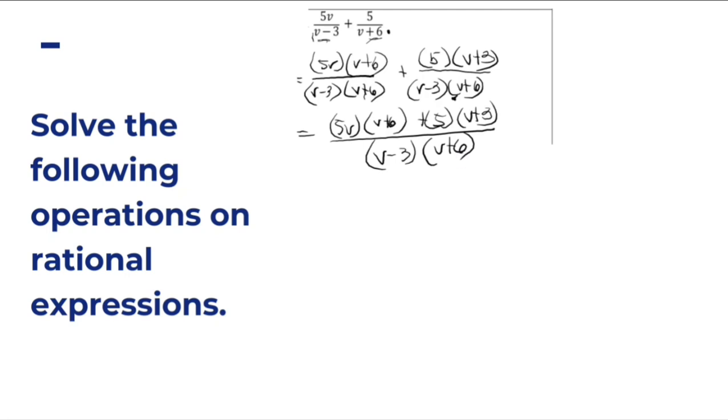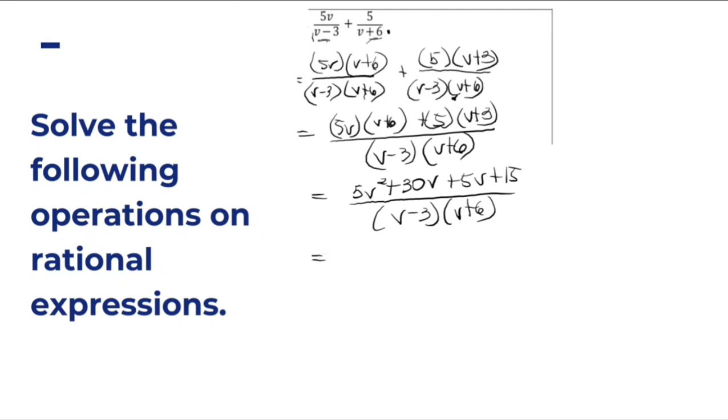To simplify your numerator, before we can add, we have to multiply them first. So 5v times v plus 6 will be 5v squared plus 30v. And then 5 times v minus 3 is 5v minus 15, all over your denominator again, v minus 3 times v plus 6.